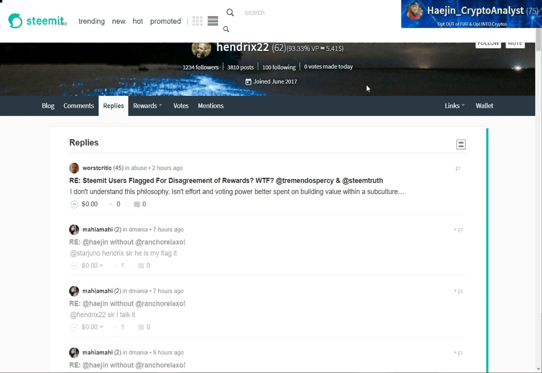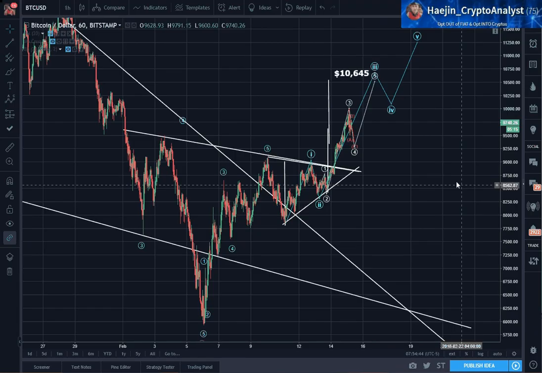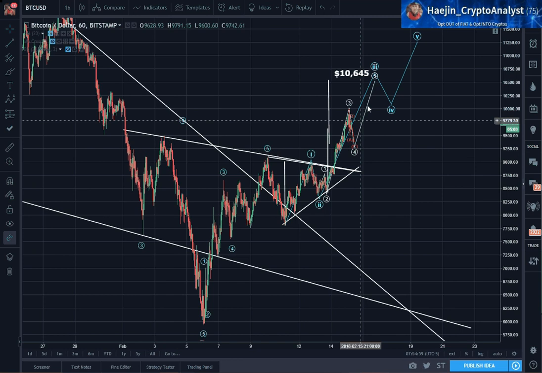Okay, anyways, back to this. My mouse is working now. I don't know why or how. We've got the left shoulder, head, right shoulder. And the waves are well in play right now. It is imperative that we stay at around 9,300 or so.